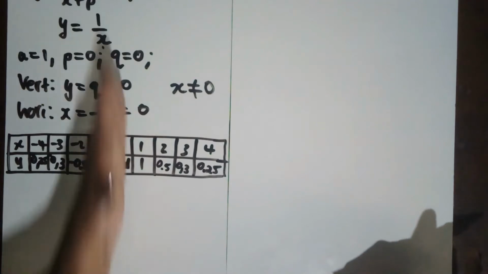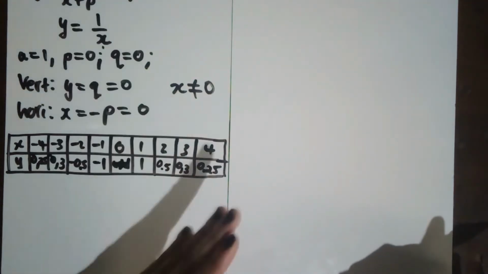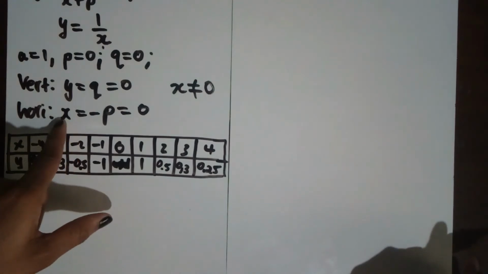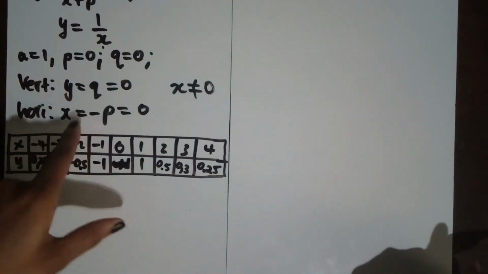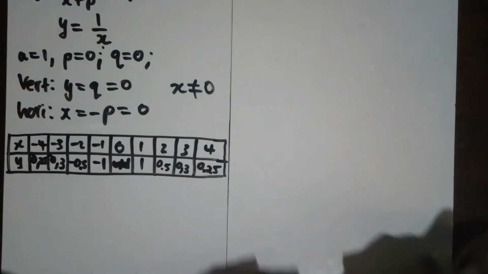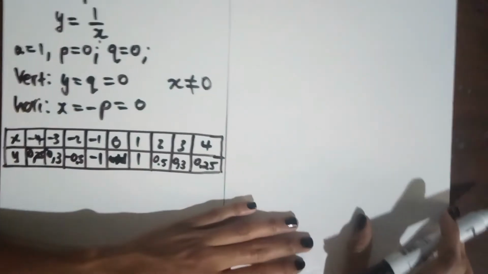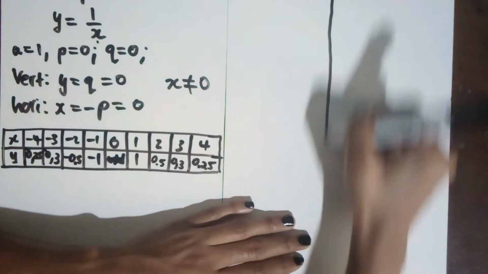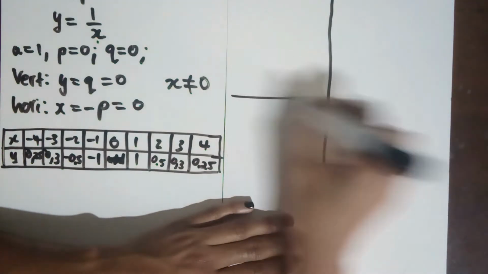Let us now try to plot this function. You see at 0, that function is undefined. There's nothing. That is because our asymptote is at x equals 0. That's the line that your function cannot touch, that it approaches. So you just draw your Cartesian plane.